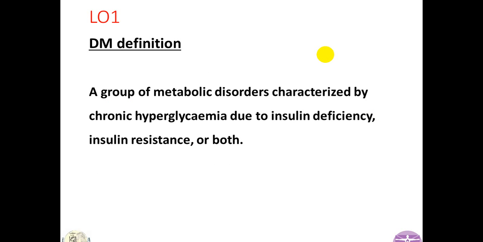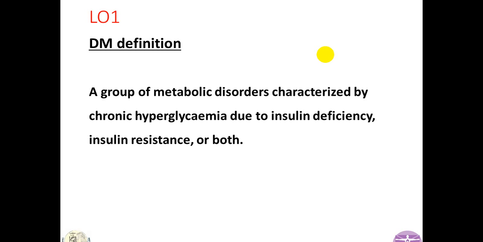Diabetes mellitus is defined as a group of metabolic disorders. So it is not a single metabolic disorder. In fact, it is a group of metabolic disorders that is characterized by chronic hyperglycemia. So it is a chronic process.